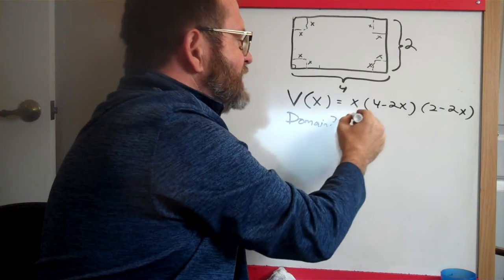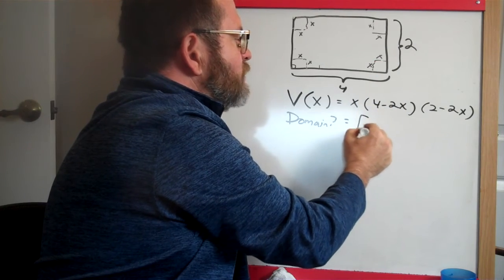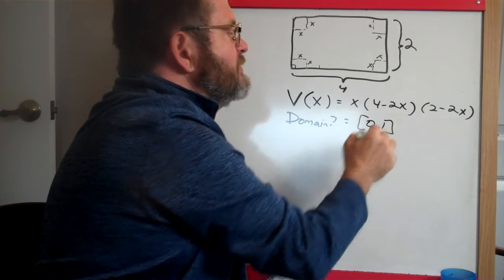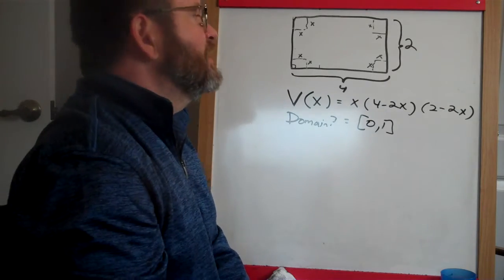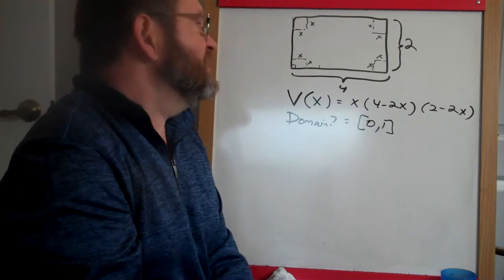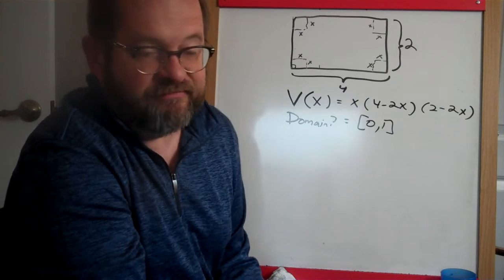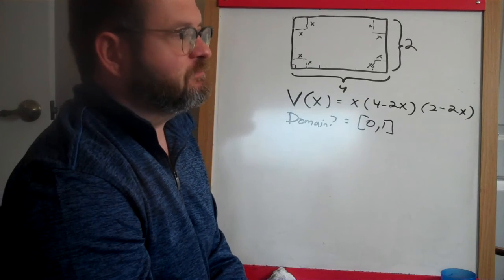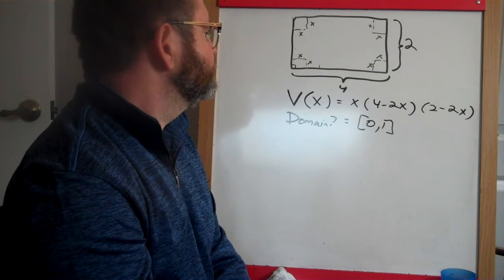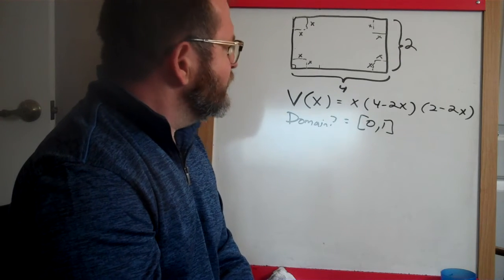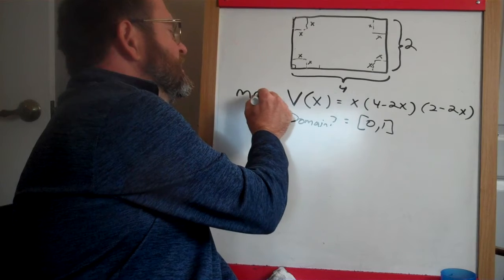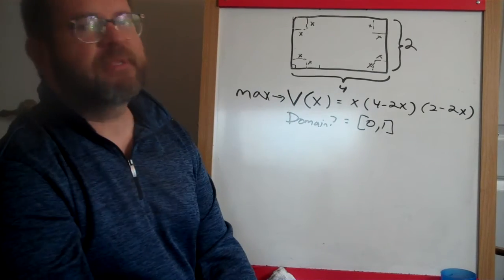There'd be nothing left of the box. I would say our domain that we're worried about is between 0 and 1 meters for x. That's how much of the box we can cut off. It doesn't mean there aren't mathematically solutions at other places along the way. Those are just the ranges, the interval, that makes any sense. So we're trying to figure out how to maximize this function right here.